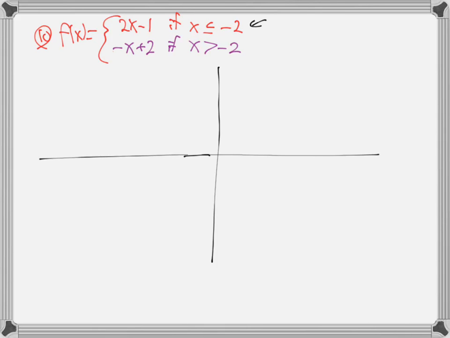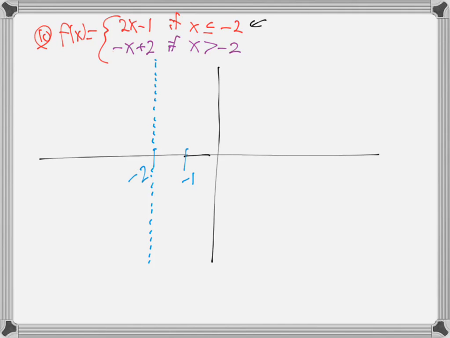-2. So that means what you need to do is come back here to -1, -2, and right at -2, put a dotted wall. Do you see that wall? On the left side of that wall, you're going to have one graph, and on the right side of that wall, you're going to have the other graph.